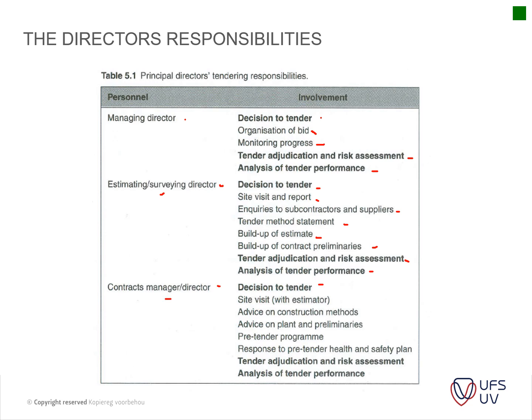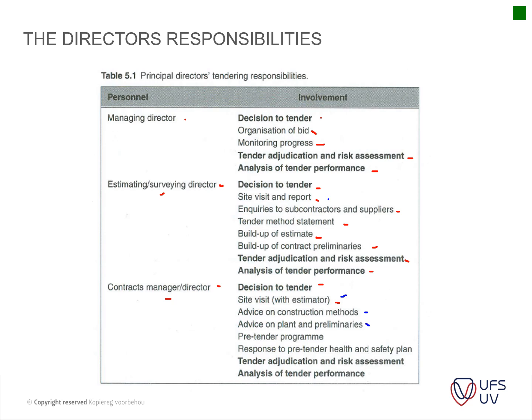Then you've got your contract manager or director. He also visits the site or arranges that someone competent visits the site. So there's a bit of coordination between him and the estimator, who also needs information from them. Advice on construction methods. Okay, so he's looking at the practical side of it.